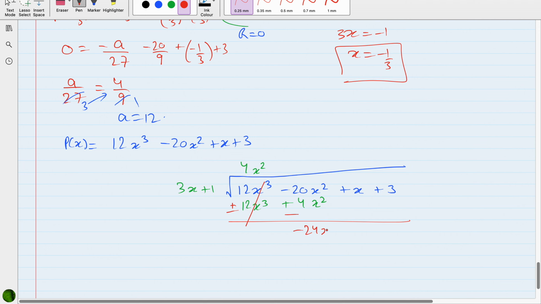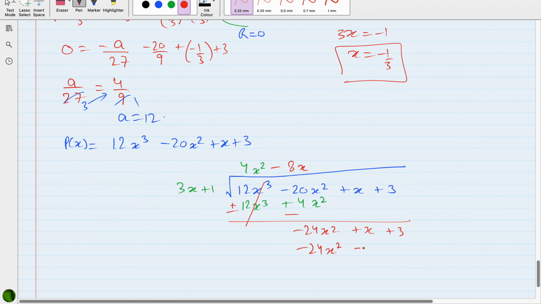Minus 24x square plus x plus 3. To get negative 24, 3 8 times is 24. So negative 24 and x to get x square.